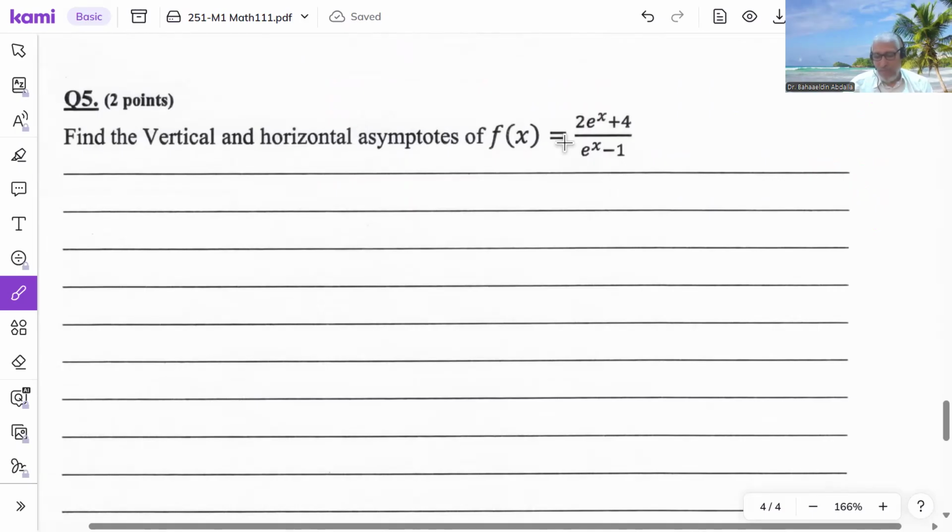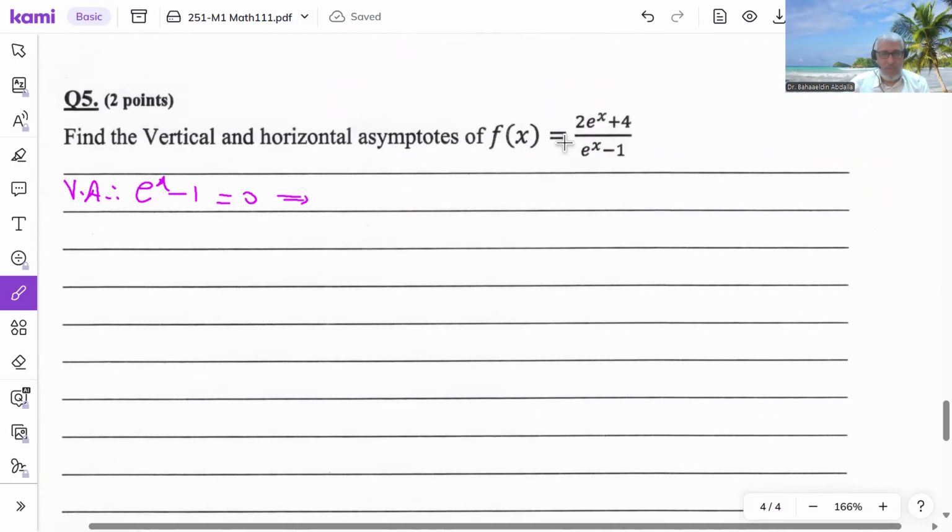Find the vertical and horizontal asymptotes of f of x. Well, to find the vertical asymptote, we put the denominator equals to 0.